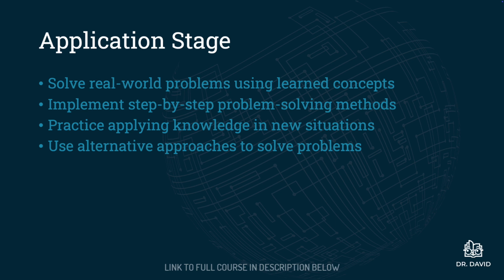The 3rd tier up is the application stage. Some activities that you can engage in to help you build this application muscle include solving real-world problems using the concepts that you've learned, implementing step-by-step problem-solving methods, practice applying new knowledge in new situations, and use alternative approaches to solve problems. Now, one thing that you can do to help you with this is not only discussing problems and current events with your friends and colleagues, but you can work through the 400 scenario-based questions that I've created in this course.